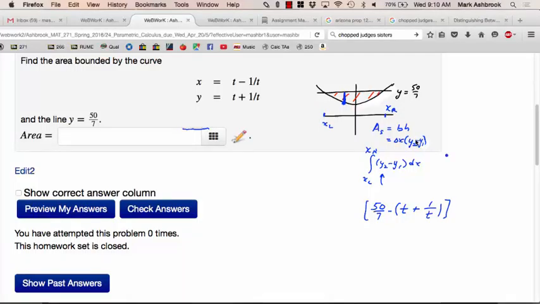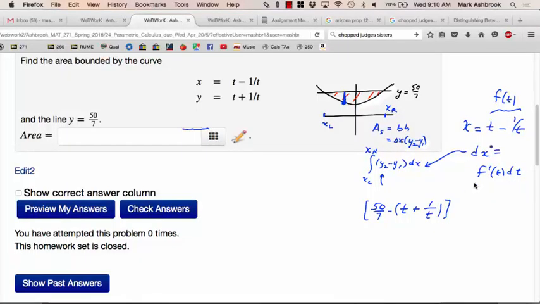Okay, what is dx? So we did this last time. If x is t minus 1 over t, then dx is? If we call this some function of t, then dx is f prime of t dt.